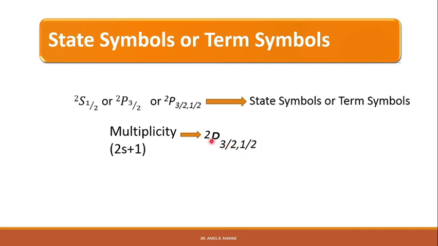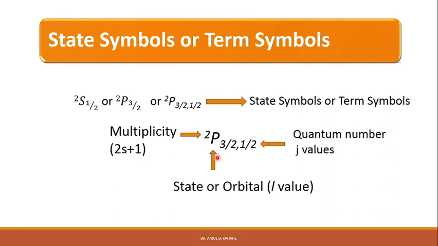Thus for the p electron, that is L equal to 1, we have the p state denoted by capital P. The numbers in the subscript represent the total angular momentum quantum number J values. We will study the term symbol in detail when we study multi-electron atoms.